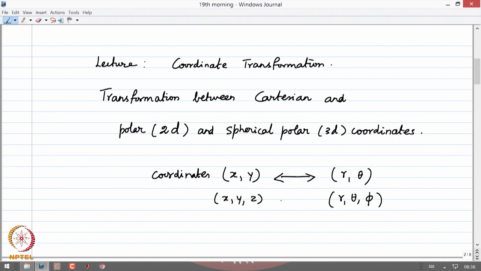In three dimensions, it is the transformation between the three coordinates x, y, z in the Cartesian axes to the three variables: the radial variable r, and the angular variables theta and phi. Now, let us start with a simple two-dimensional transformation, and we will see what is meant by equivalence.